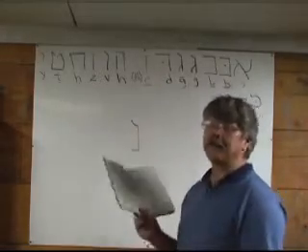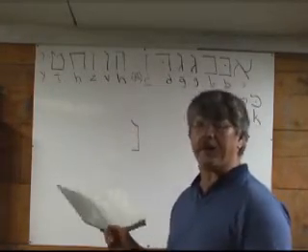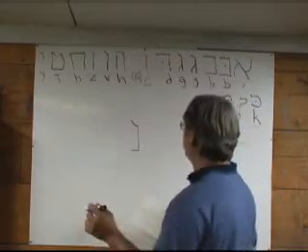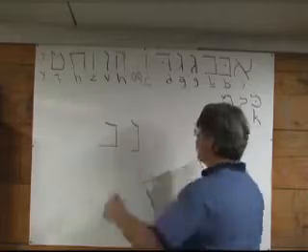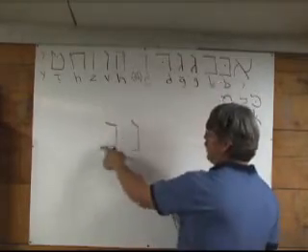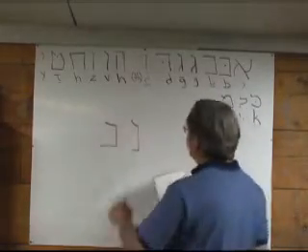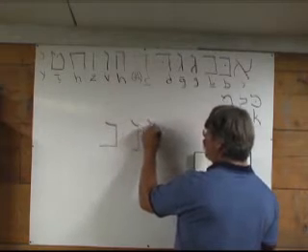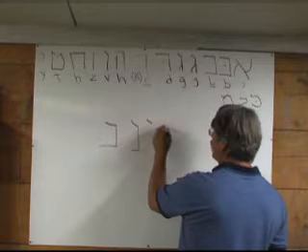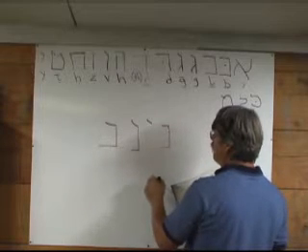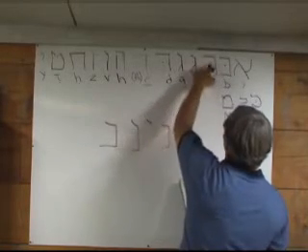Now, if you start getting sloppy with this in your writing, that's why it's important to be careful. This can start almost looking like a dalet, or a bait, if you're not careful. So what I do is I keep this top part short, and I do slant it somewhat, because if it extends, that can start getting you in trouble with bait.